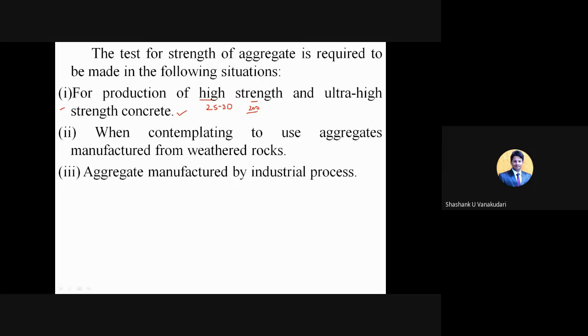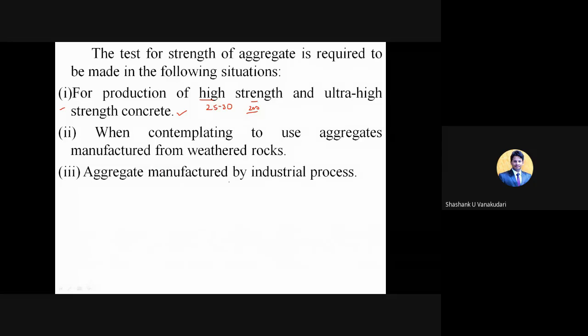When contemplating the use of aggregates manufactured from weathered rocks, those rocks should be seasonally treated so that they can be considered with respect to durability. That influences the proper strength.